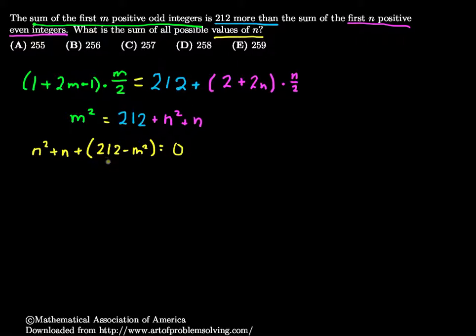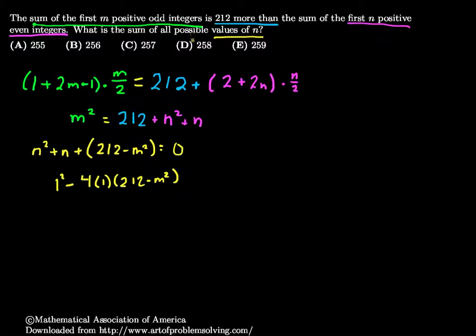Okay, so the discriminant on this will be 1 squared minus, and this is part of the quadratic formula. We'll use that later to get the final answer. 1 squared minus 4 times a, which is 1, times c, which is 212 minus m squared.